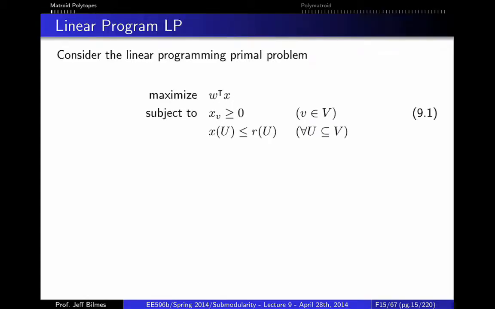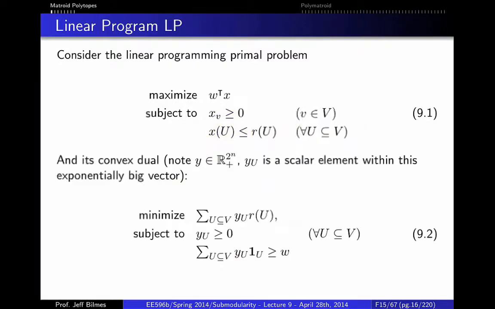Okay, now moving on. We've got a linear programming primal problem, right? Here's a primal problem which corresponds to essentially what we're trying to do. We're trying to maximize this linear function subject to x being in the positive orthant, and you have this exponential number of constraints. Through the mechanical process that I talked about last time, we can construct the dual.